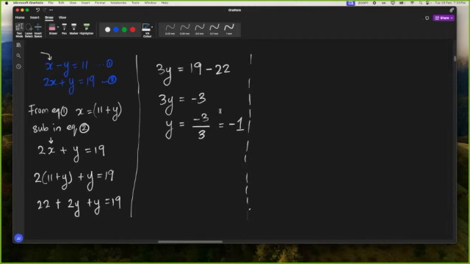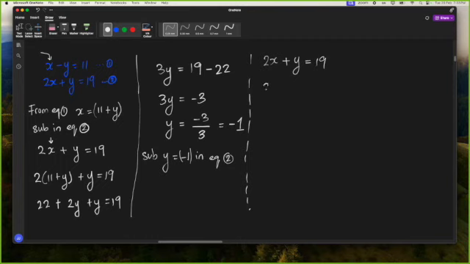It's just to sub y is negative 1 in any one of the equations. Let me go with equation 1. All right, let me go with equation 2. All right, where's equation 2? 2x plus y is equal to 19. You see, y is negative 1.